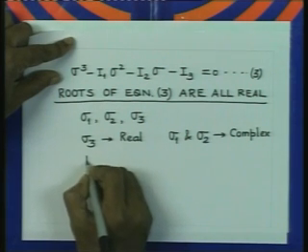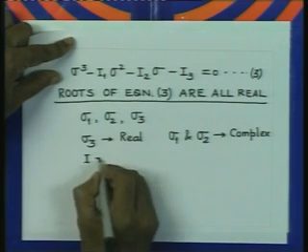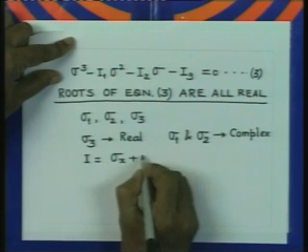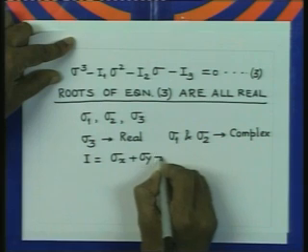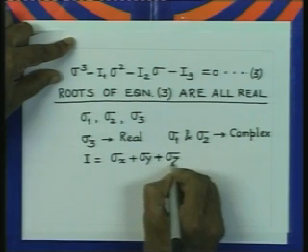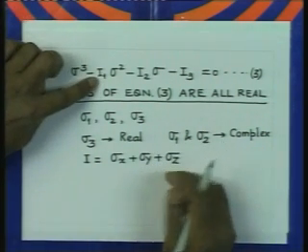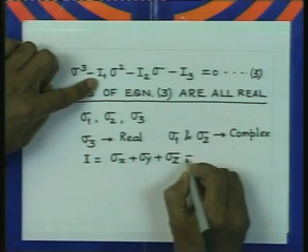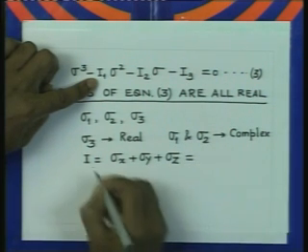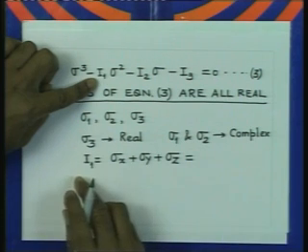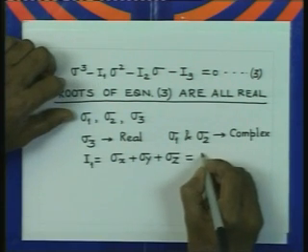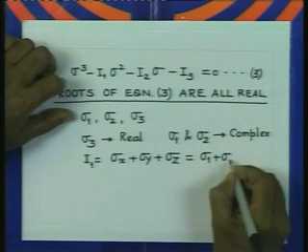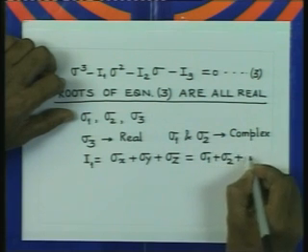Since I1 is equal to sigma x plus sigma y plus sigma z, this is a real quantity, and at the same time we have seen that this I1 is also equal to sigma 1 plus sigma 2 plus sigma 3.